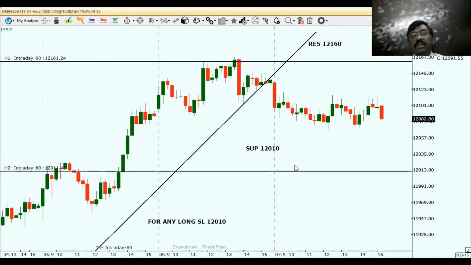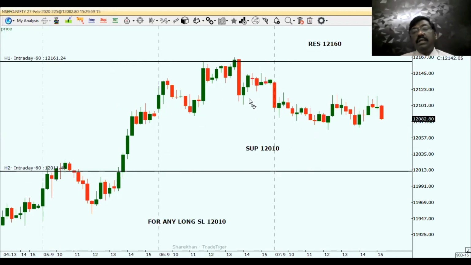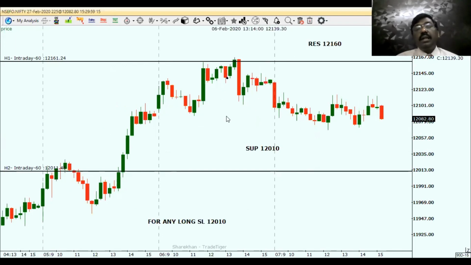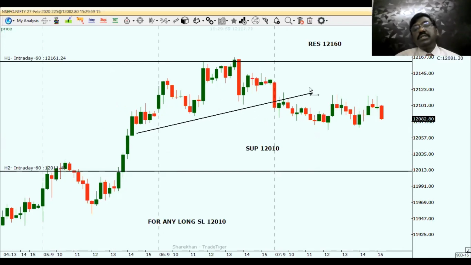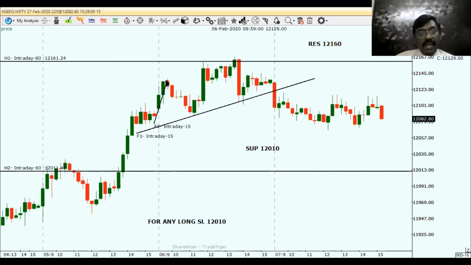How to trade with this? Let us look into this 15-minute chart with a little more care. Even this 15-minute chart is giving us a kind of pattern.